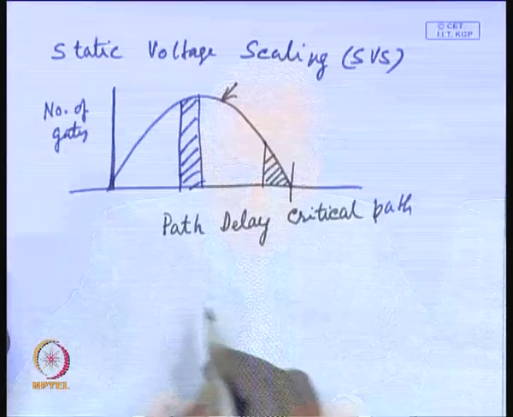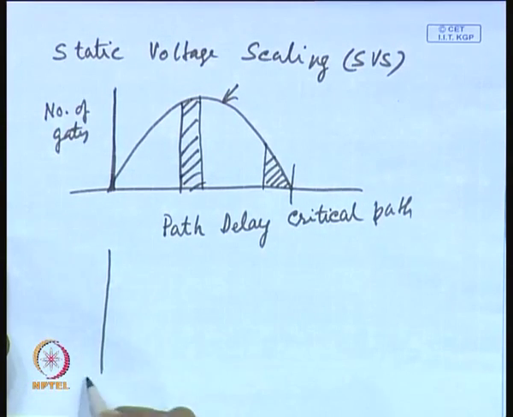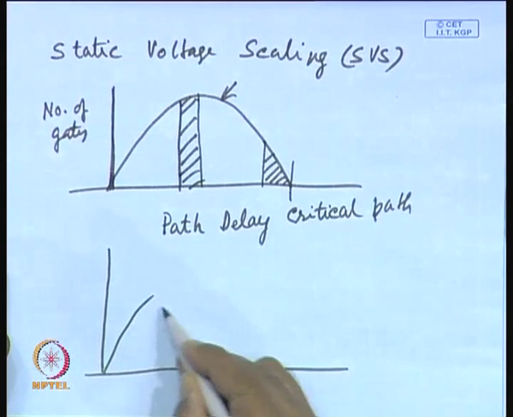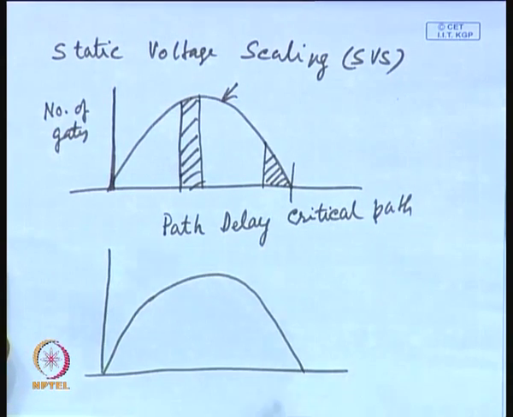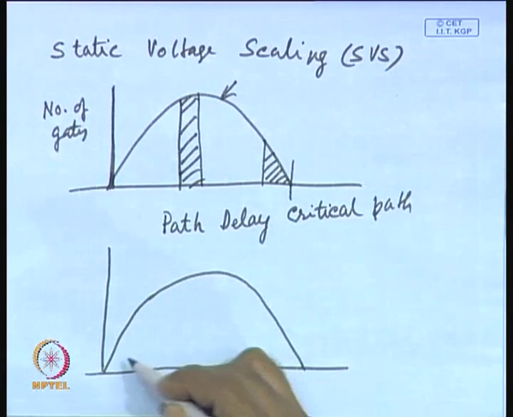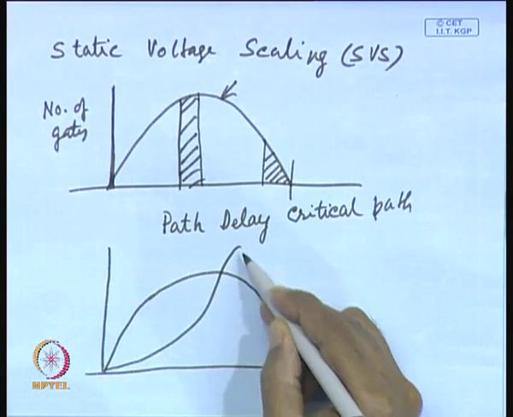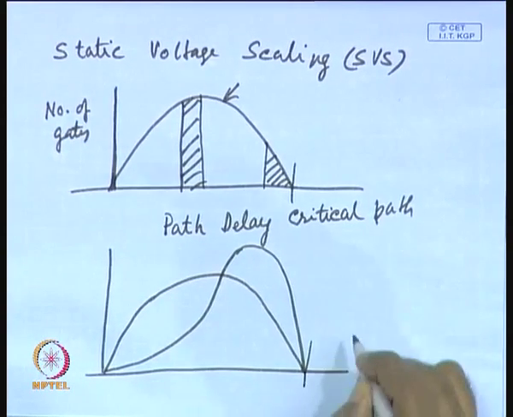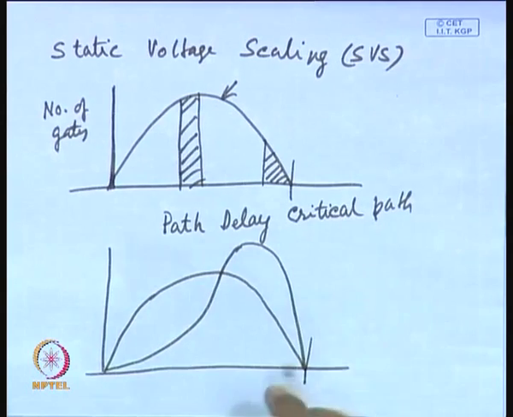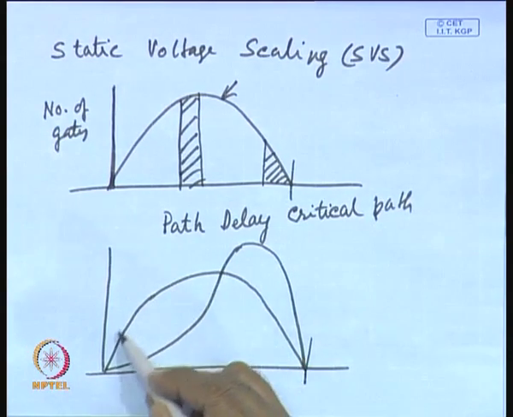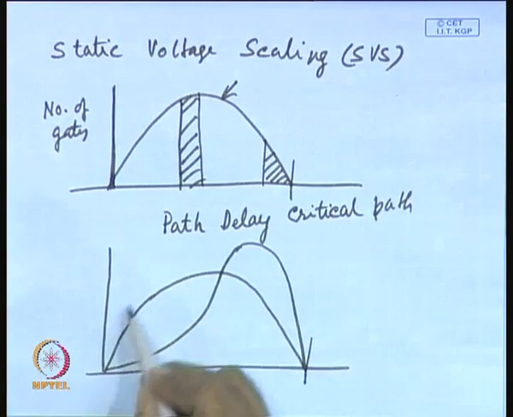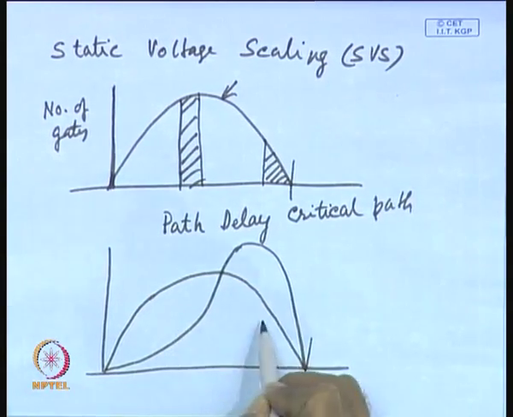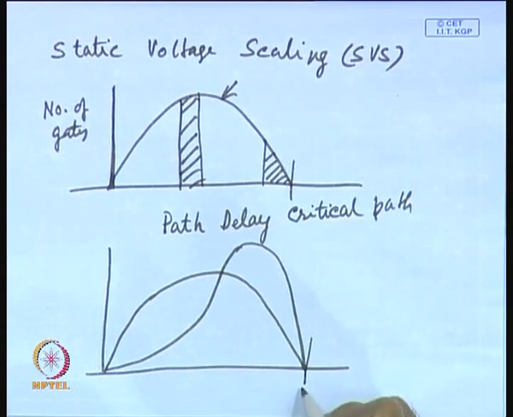It modifies in this way. This corresponds to single voltage scaling. As you do multi-level voltage scaling, it modifies in this way. The number of gates remains the same and the critical path delay remains the same, but a large number of gates which had smaller delay on this side are now pushed to larger delay. However, they do not exceed the critical path delay.